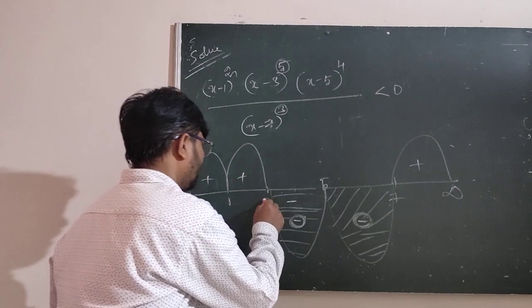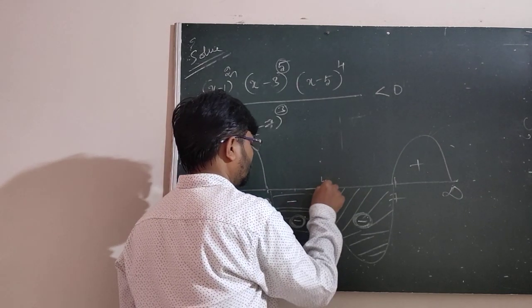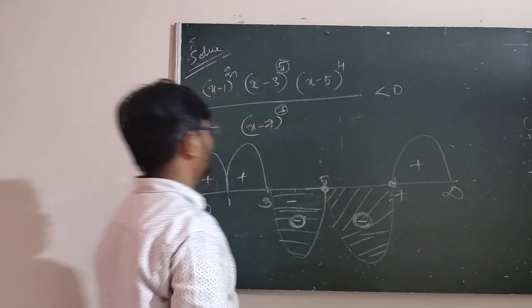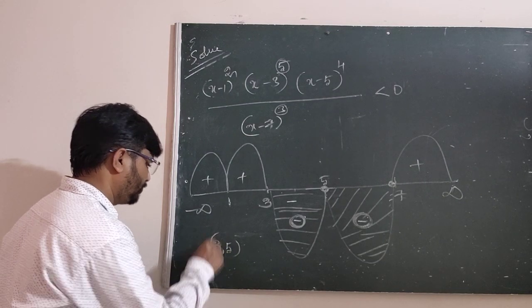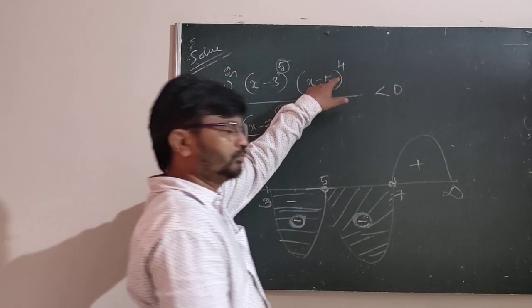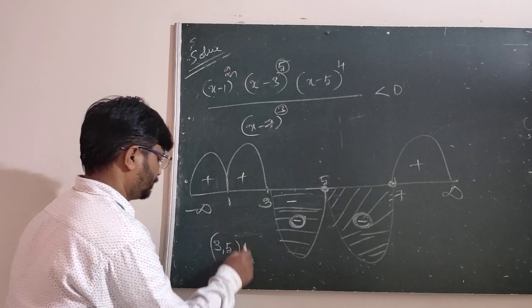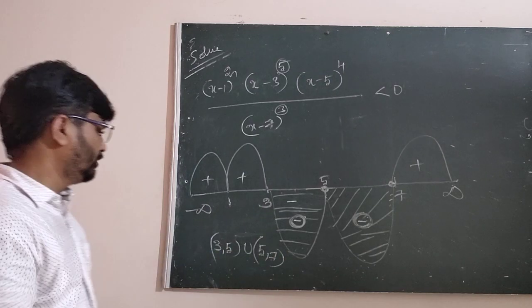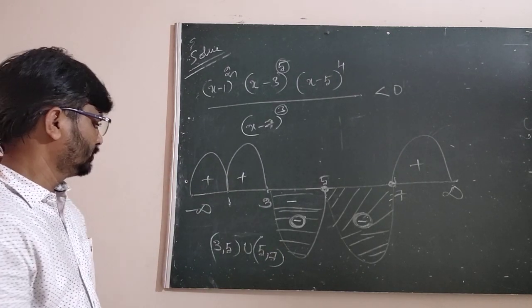Therefore, the required solution is 3 to 5 except 5. If you take 5, it is 0. 3 to 5 union 5 to 7.